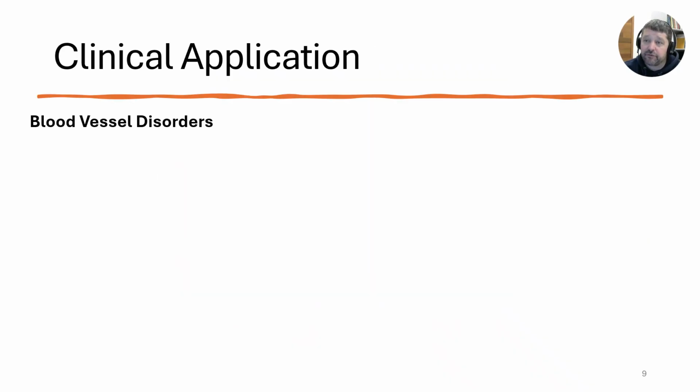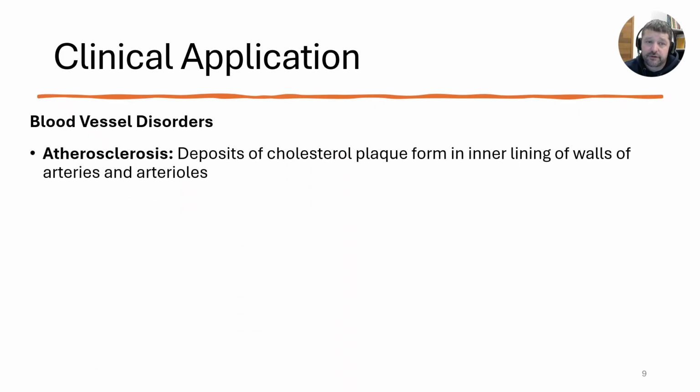Okay, so blood vessel disorders. Arteriosclerosis. This is when you have plaque, cholesterol plaque, that's developing or lining the arteries and arterioles of the body. Again, we've talked about this before.